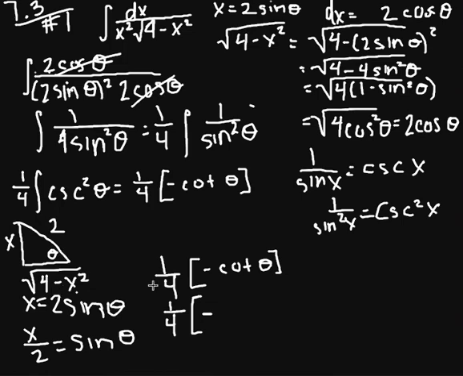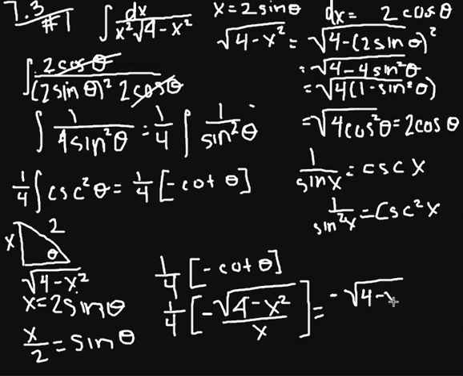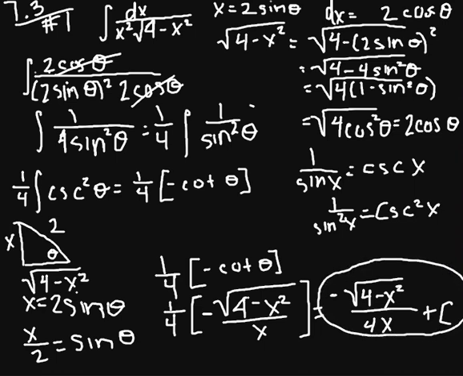So our adjacent here is the square root of 4 minus x squared, and our opposite is x. So now we have it in terms of x. So when we simplify this, we get negative square root of 4 minus x squared over 4x plus c. And this is our answer in terms of x.